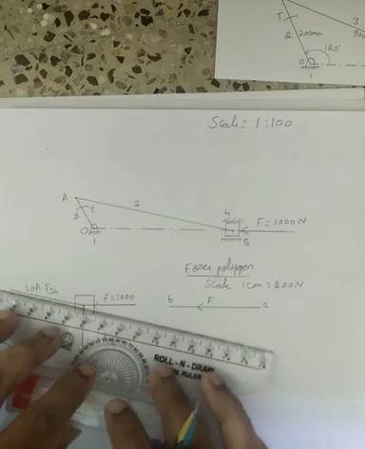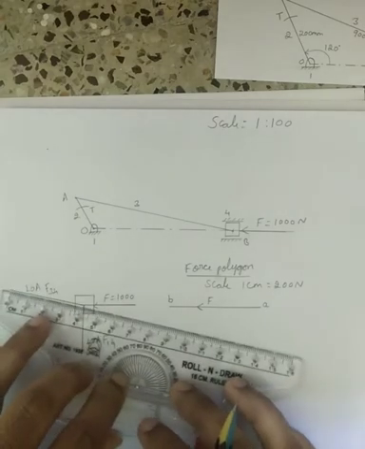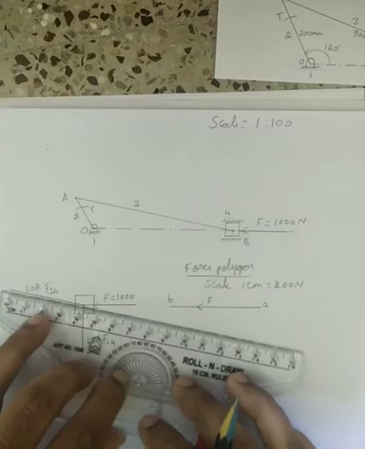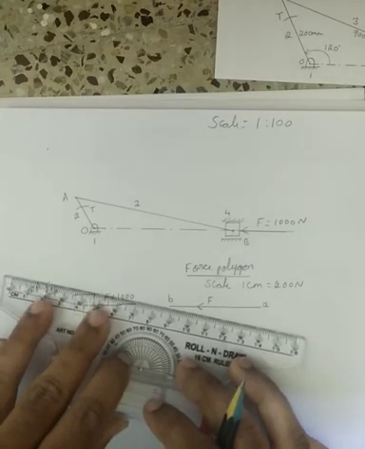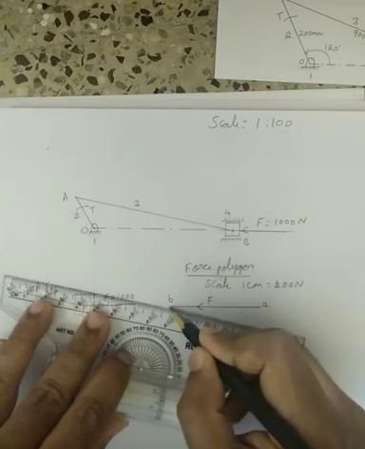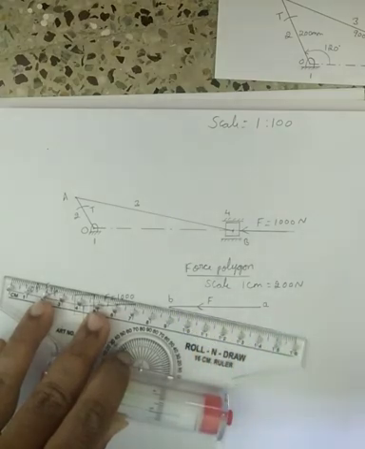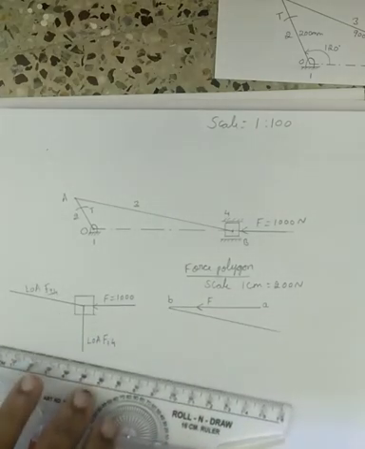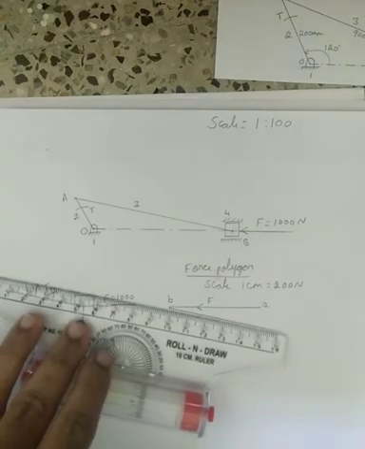So I know the line of action of F34 with respect to that. So I will draw from the point B. So I have drawn the line of action of F34. Same to that I have extended.